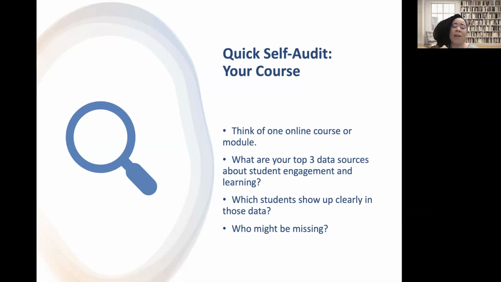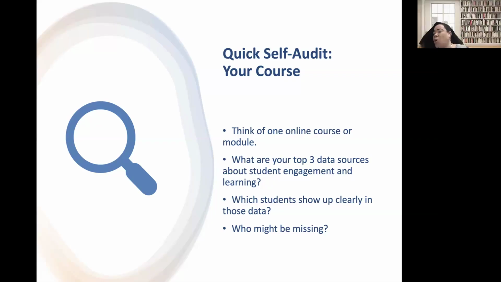Which should show up clearly in that data? What might be missing? Take this as a guide for you to say, am I reaching and teaching all of my students? And if not, how am I using this data to support and drive my instruction? So I invite you again, screenshot it, and we'll discuss that later.